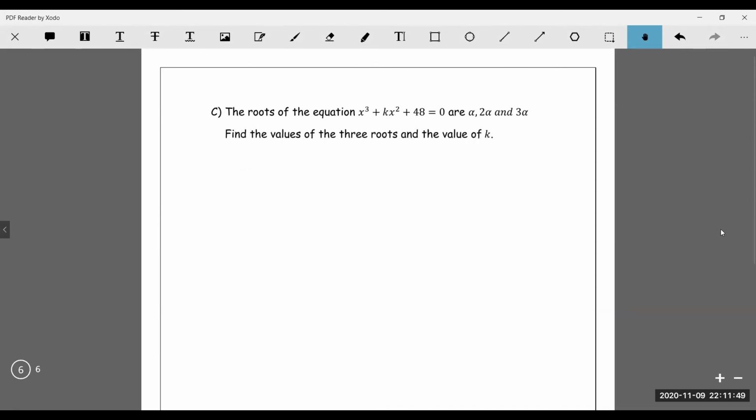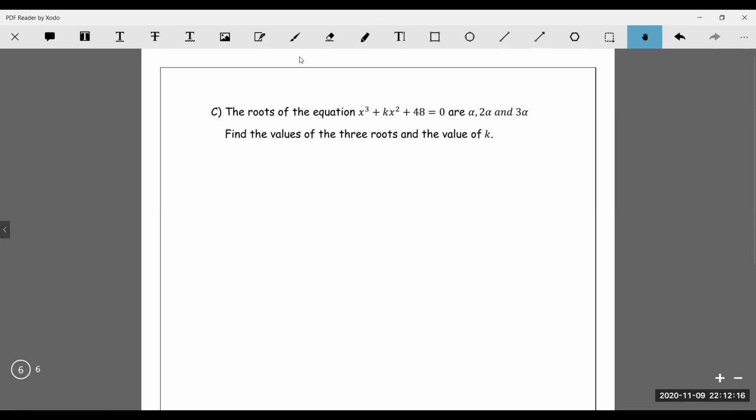Alright. Now this question right here says the roots of an equation are alpha, 2 alpha, and 3 alpha. It says find the values of the 3 roots and the value of k. Now it gives us the 3 roots. Now what else does it give us? It gives us that the sum of the roots is minus k, and the product of the 3 roots is minus d over a, which is negative 48.